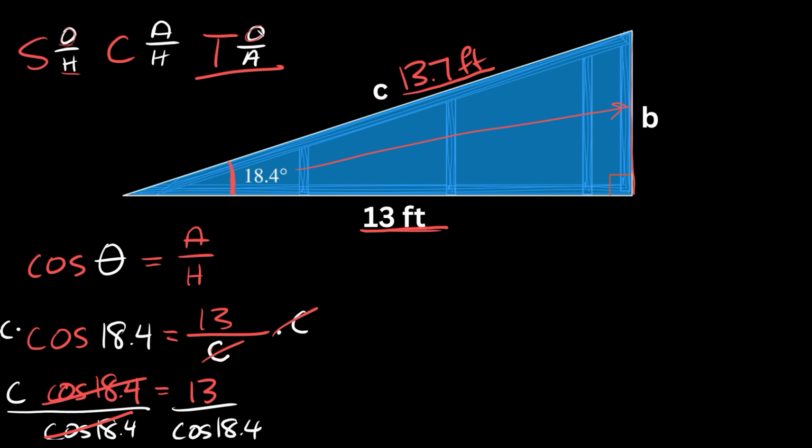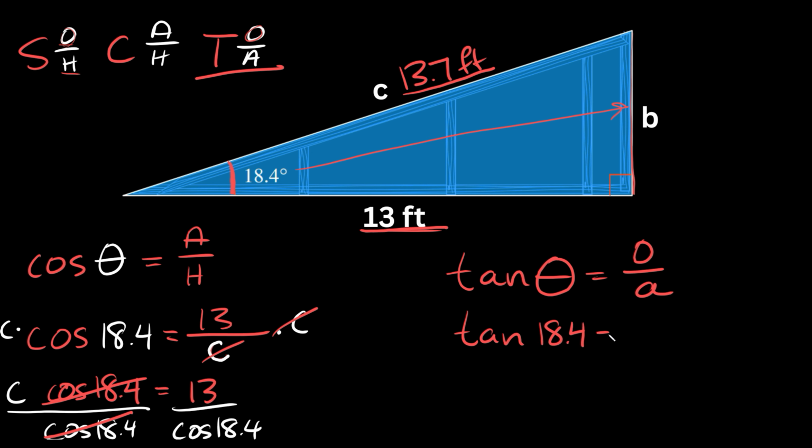So the tangent of an angle is equal to the opposite side over the adjacent side. So the tangent of an angle, theta, is equal to the opposite side over the adjacent side. So in this case, we're going to say that the tangent of 18.4 is equal to the opposite side, which is just labeled as b, over the adjacent side, which again is given as 13 feet.